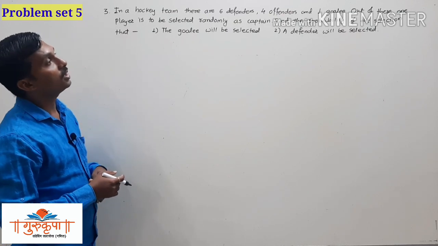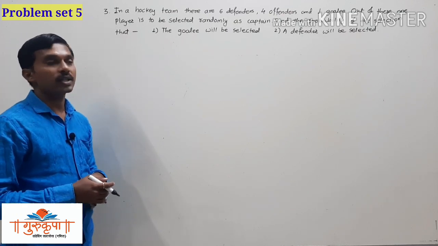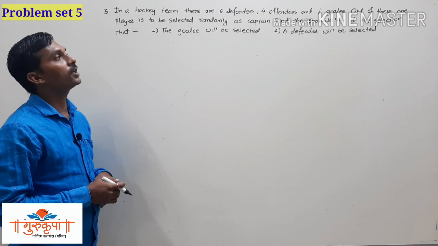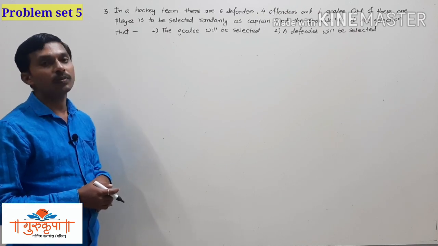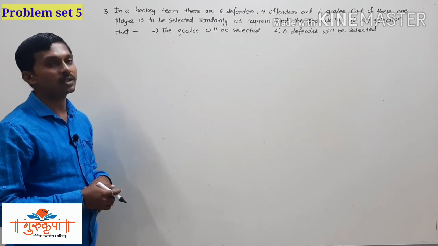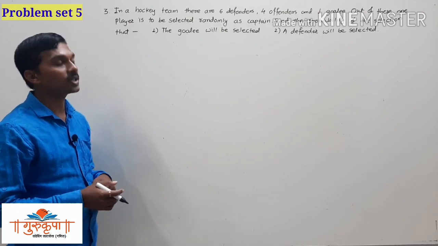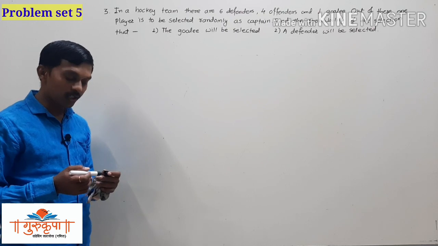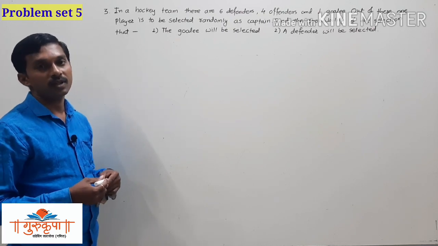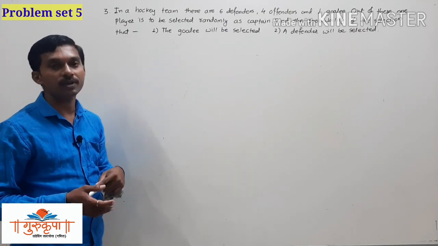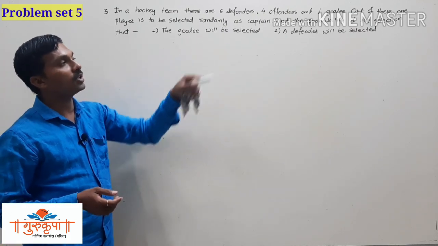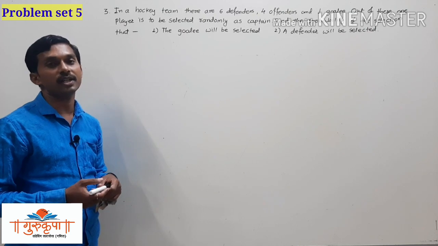Here we have 11 players in total, and one of them is to be selected as captain. We have to find the probability that the goalie will be selected as captain, and the probability that a defender will be selected as captain.